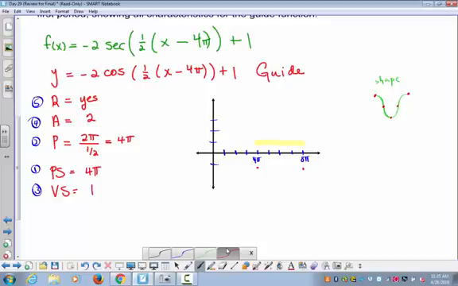The center points aren't going to matter. The points that are right on the center line, they're not going to matter that there was a reflection. They'll still be in the same place. And instead of 1 point in the middle down, we have 1 point in the middle up. So that will be our guide function.